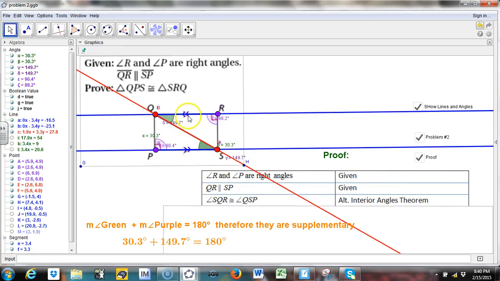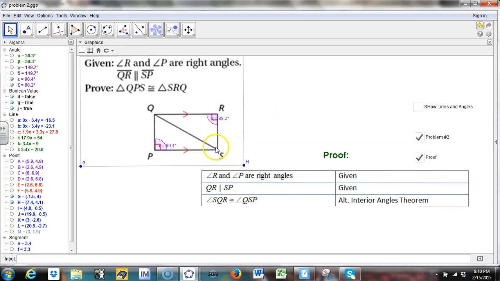Okay, so the fact that we have those parallel lines and we have this diagonal being like a transversal, these two angles, these alternate interior angles, are congruent. So we have a theorem, a proven statement that we actually proved in class, that says when lines are parallel, then the alternate interior angles are congruent, and that's our argument. So we know that this angle SQR right here is congruent to this angle here.